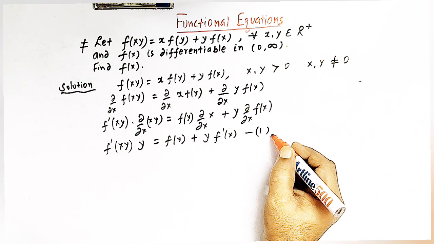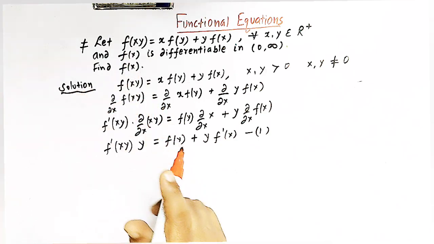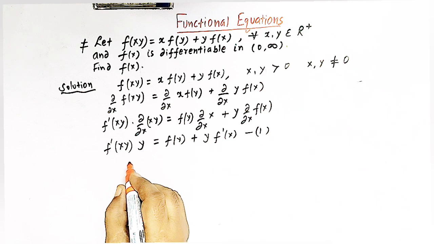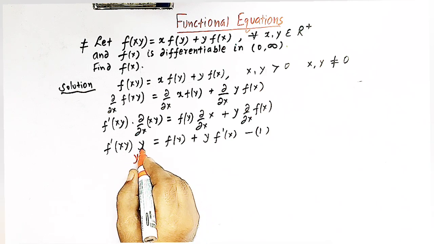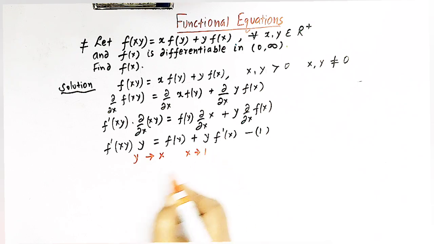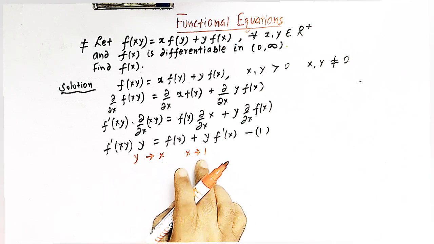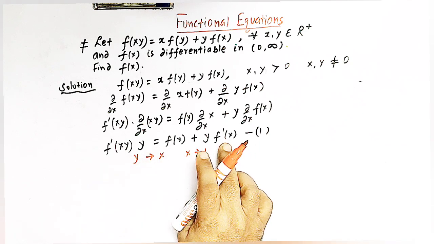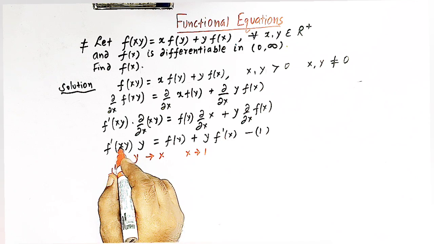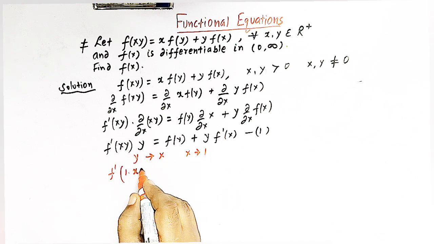Now this equation 1 is going to be very important in getting the solution of this functional equation. Here what we will do, we'll replace y by x and x by 1, right? So replacing y by x and x by 1, let us see the changes in equation 1. We have f', now we are replacing x by 1, so here we have 1, and y by x, so we have x.